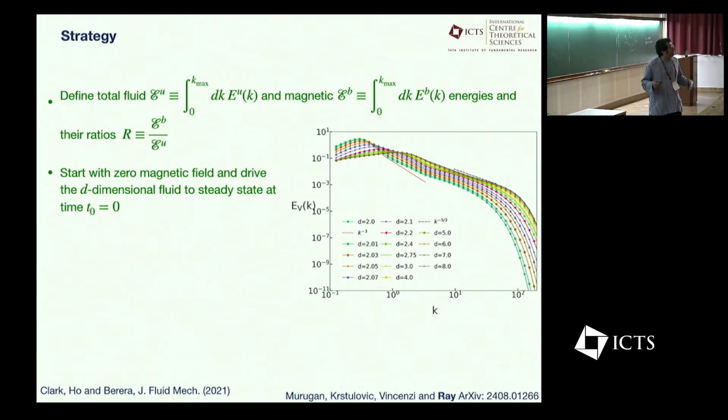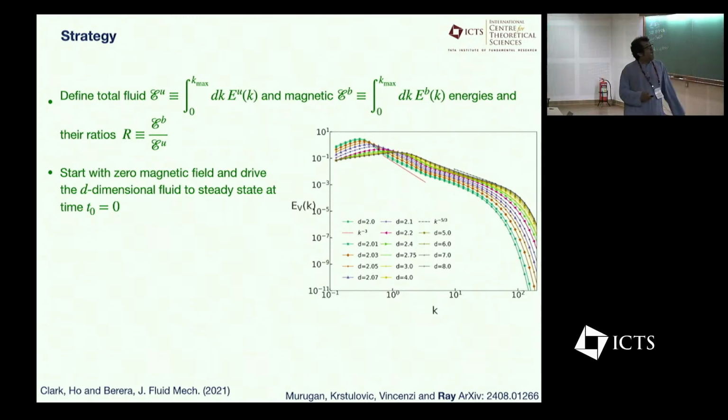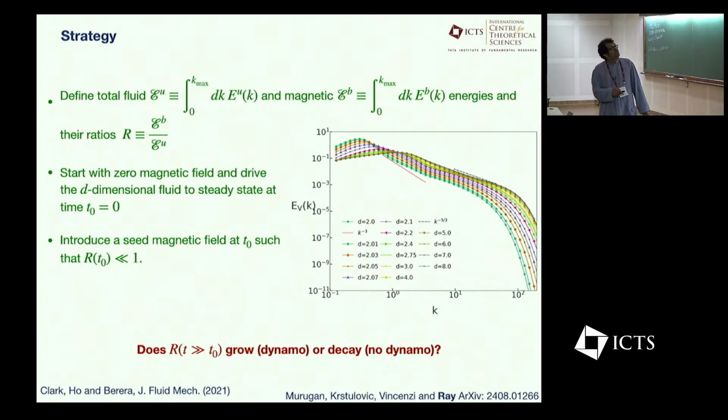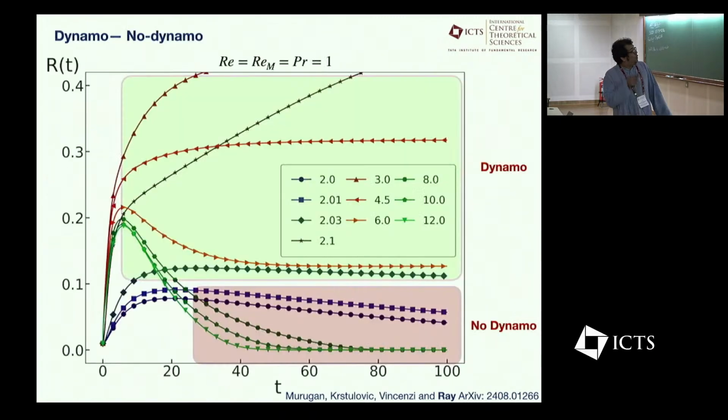We drive the fluid to steady state, so you end up getting the spectrum, depending on which dimension you are, either -3 or -5/3. And then at some T0, which we now set at 0, we are going to seed this flow with a tiny magnetic perturbation. And we are going to see whether this ratio grows or decays. So what do we see?